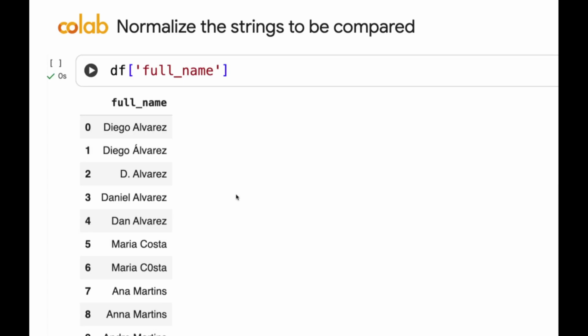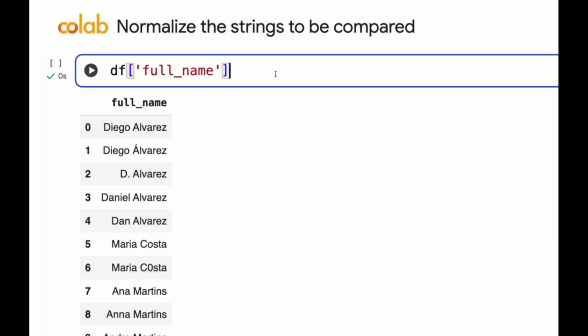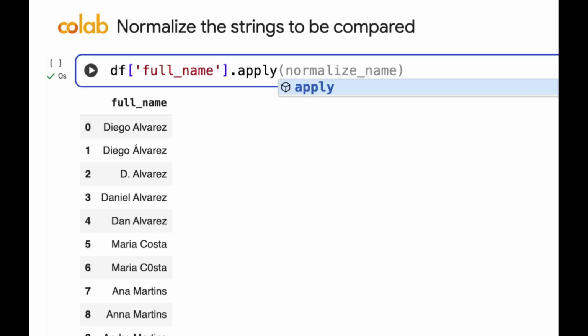We cannot just directly apply normalize name of df full name, because that's not a string. Instead, if we have a column of strings, we want to apply the function to every single string value in that column. We'll take the column first, and then there's a method provided by pandas for applying a function to the elements of the column.